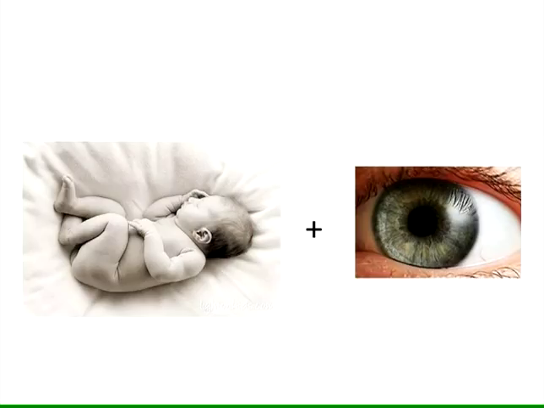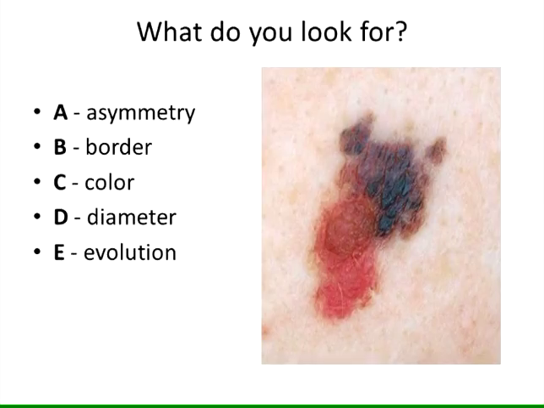Well, you can use the naked eye, and if you do, some common criteria would be to look for the A, B, C, D, E's. A means asymmetry, so looking at this mole, which is most likely a melanoma, it's clearly different on one side than another. It's different in its shape, and it's different in its color.